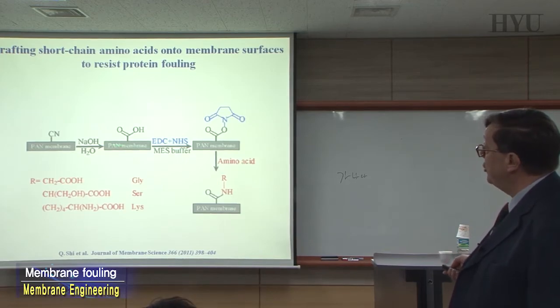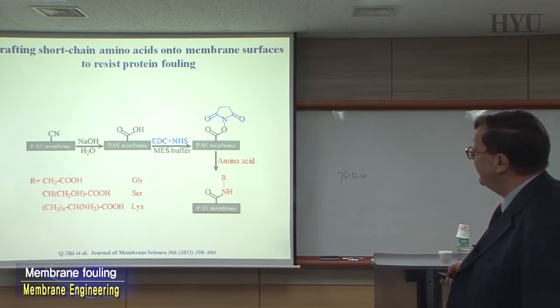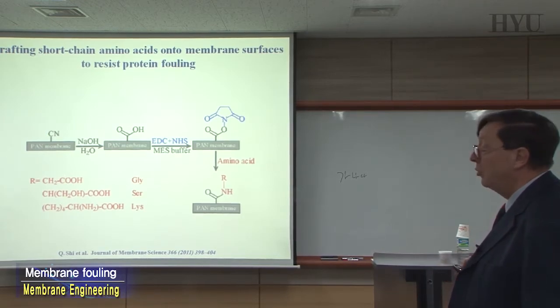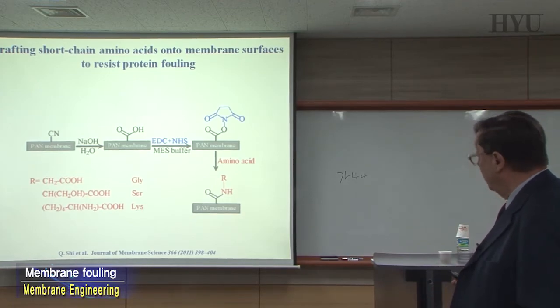Adsorption we can also change by functionalizing our surface. For example, you can graft the membrane surface with some amino acid, short chain, and this is a way to reduce protein adsorption. There are many of this kind of way of doing.